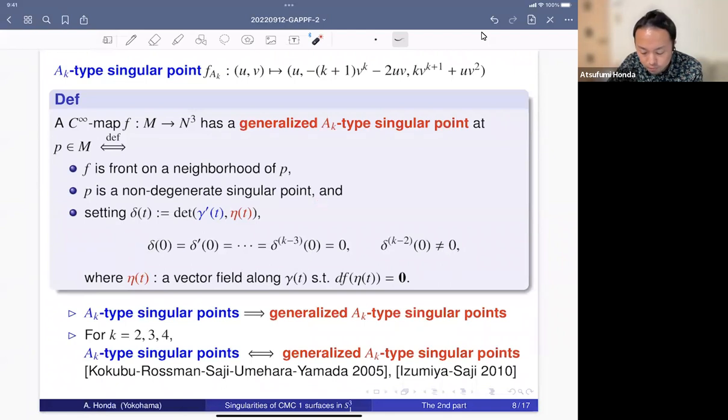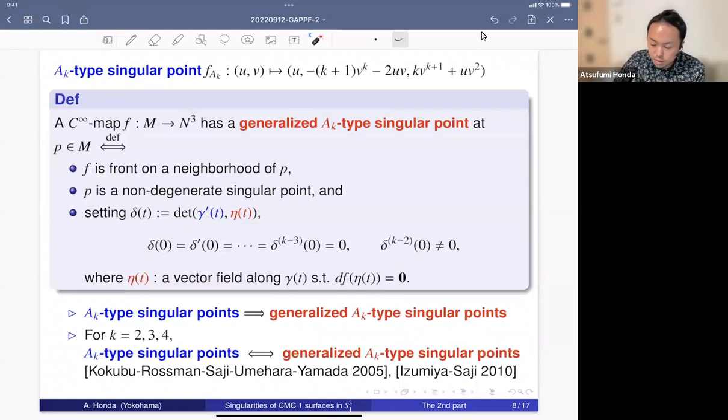And if we set the function delta by the determinant of gamma prime and eta, where eta is a vector field along gamma pointing in the direction of the kernel of df, then delta satisfies this condition.